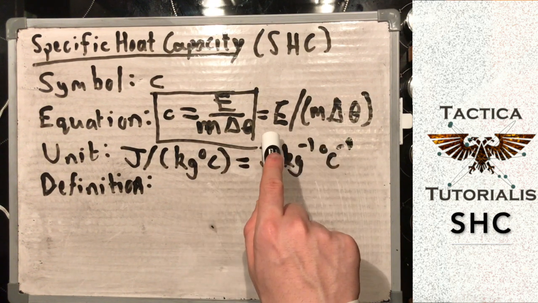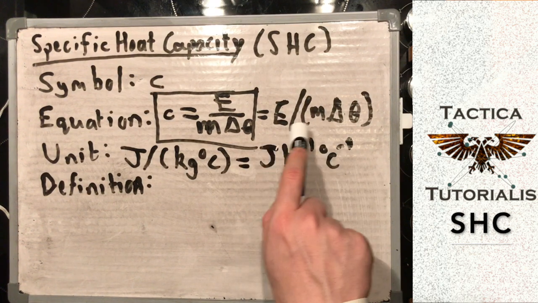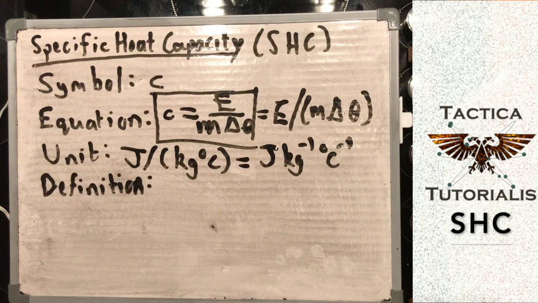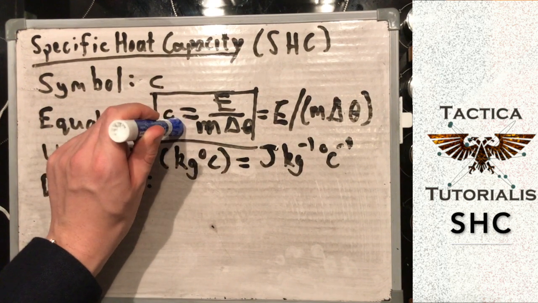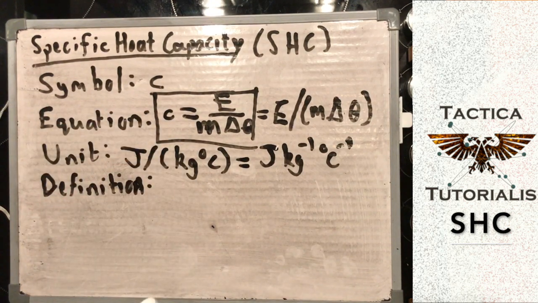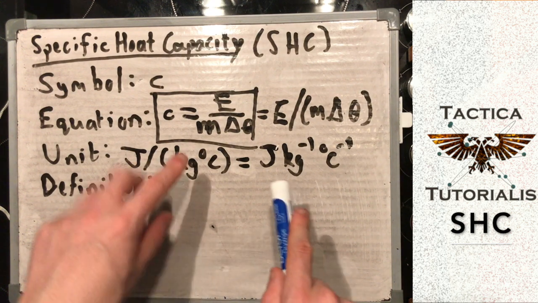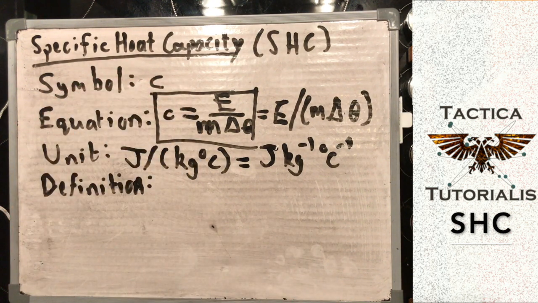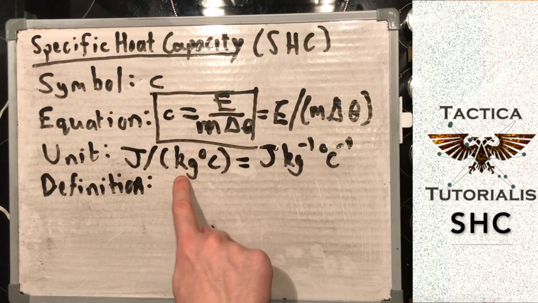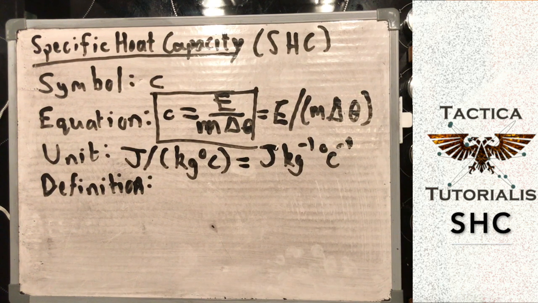So we are doing joules divided by kilograms times degrees Celsius, therefore joules per kilogram degrees Celsius. If you can work it out, it actually makes it easier than remembering it by rote. If you can work this out and remember the units of it, you'll be able to remember this by a process of elimination. Rather than trying to remember them both independently, I would suggest you learn this and the units of these to help you remember the units of this. It's up to you, though, in terms of how you do it.